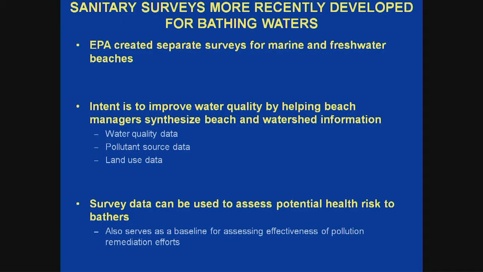Okay, they've also been developed by EPA, and they've issued guidance for evaluating sources of pollution at beaches in both marine and fresh waters. The intent here is to actually improve water quality and to help managers synthesize the condition of the beach and the data.